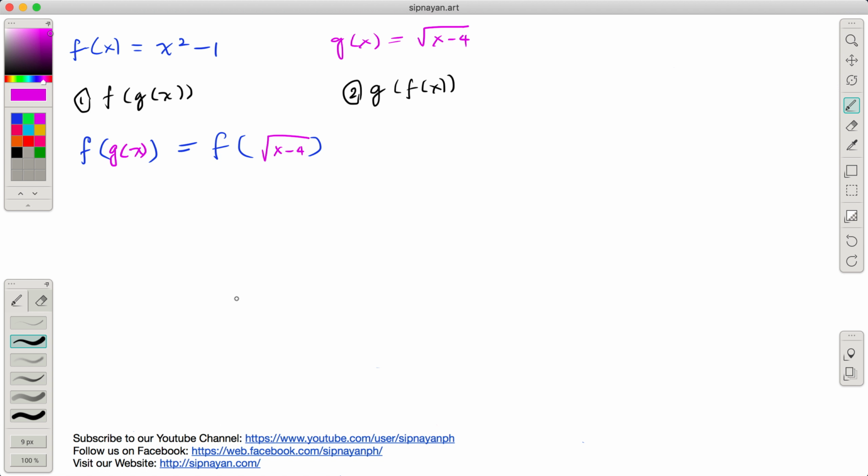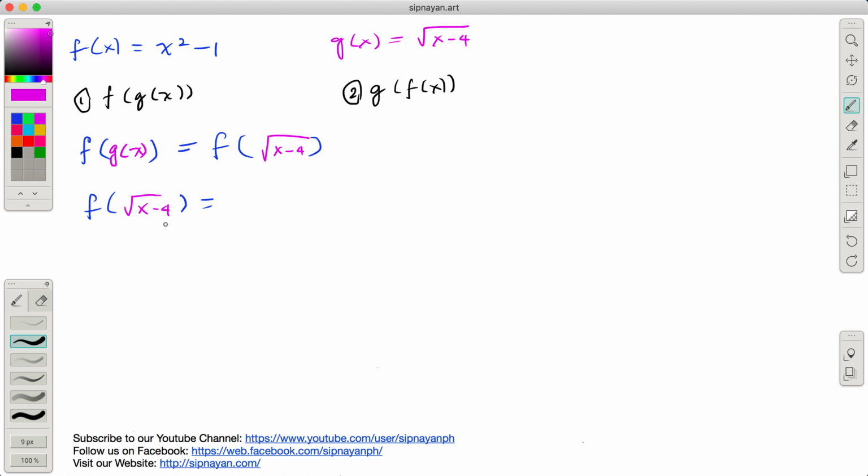Okay? Paano natin ngayon gagawin yan? So, f of square root of x minus 4, di ba? I-substitute natin itong square root of x minus 4 doon sa x, di ba?